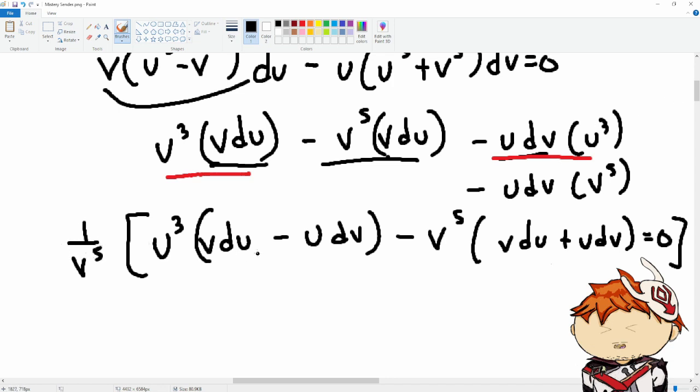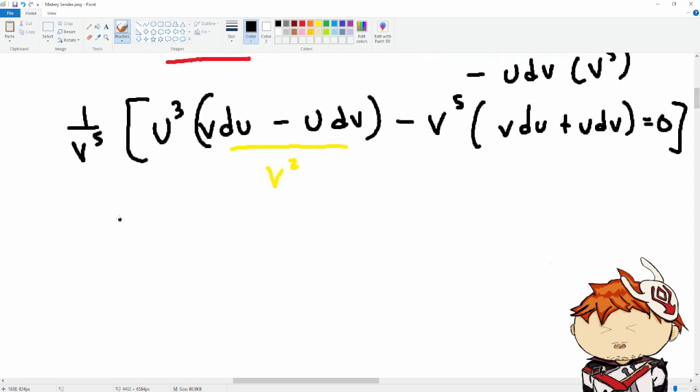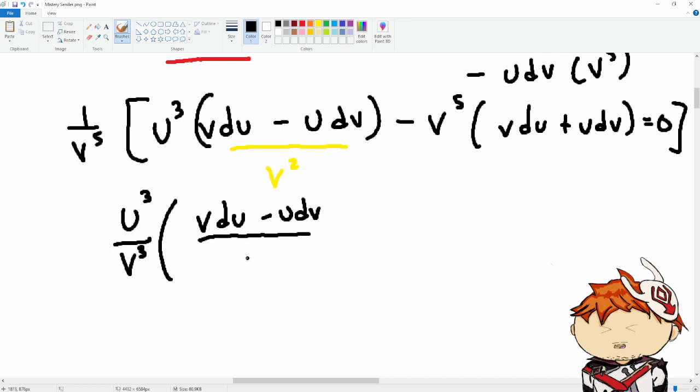Because this is positive and negative, this needs to have V squared, and in order to get V squared, we need to divide by V squared. In this case we're going to do V to the fifth because we have V to the fifth on the opposite side. So this will become U cubed over V cubed, then VDU minus UDV. This is V cubed, but we take out the square. So this will be a complete quotient rule.